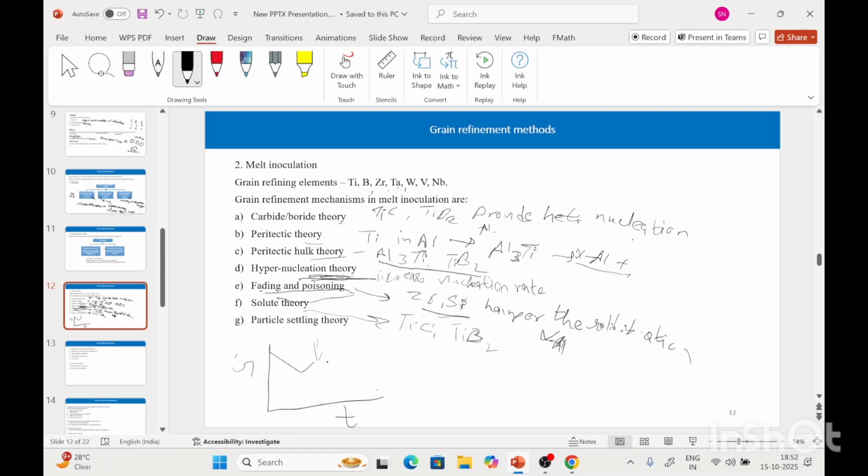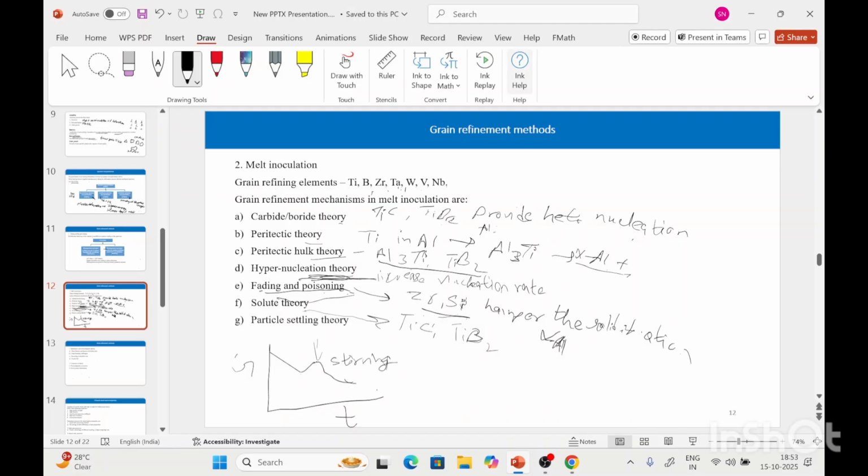Because of the settling of the nuclei at the bottom, the available nucleation sites will decrease, so that increases the grain size for some time. And if we do stirring, that will further decrease the grain size with time.